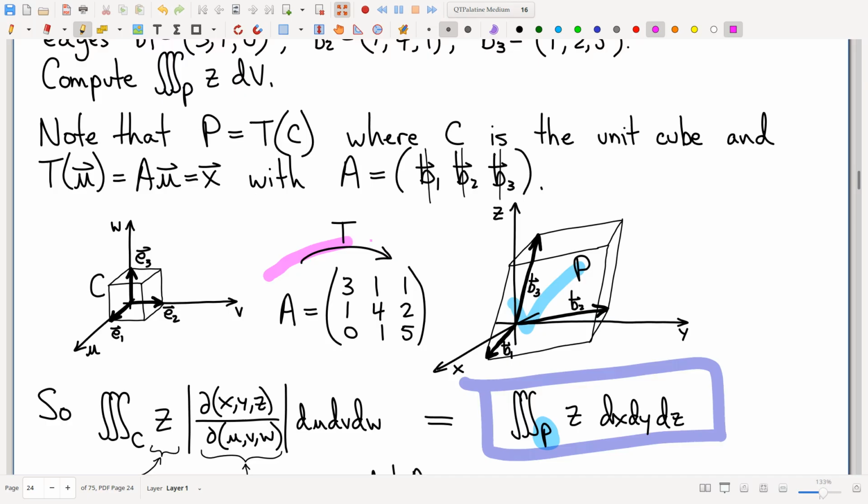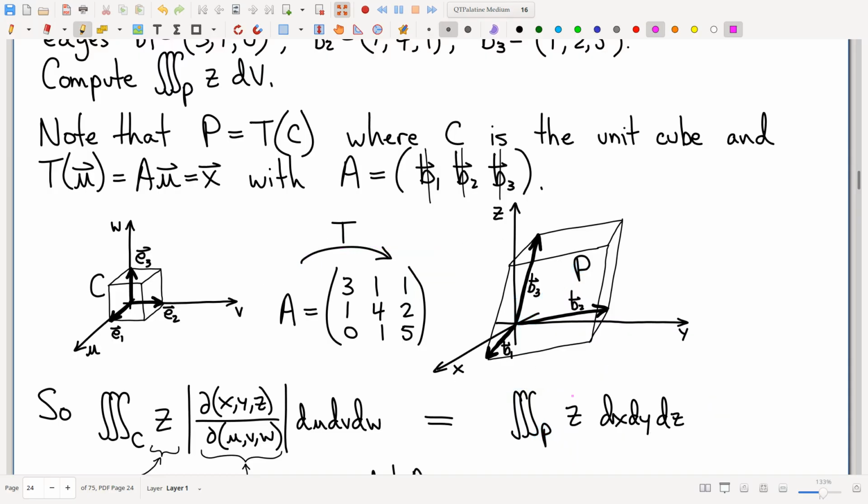I would construct that function going that way. I get to pick my change of variables function, and I'm going to pick it to go the direction that makes my life easy. I'm not sure if I answered your question. No, that makes sense. Okay, cool. Good.